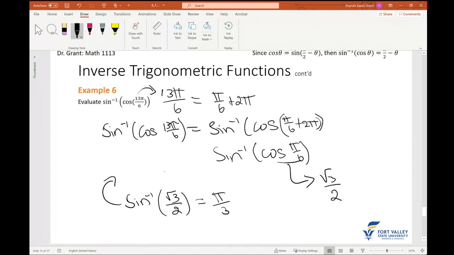So recall how we usually do this. You would have sine of some value x equals root 3 over 2. So we're finding what angle, and the angle is pi over 3.